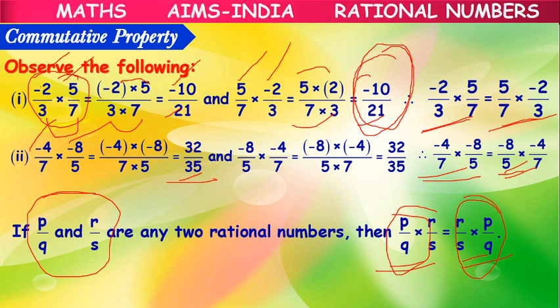So this commutative property is applicable for multiplication of rational numbers. We can multiply in any order, but the result will be the same.